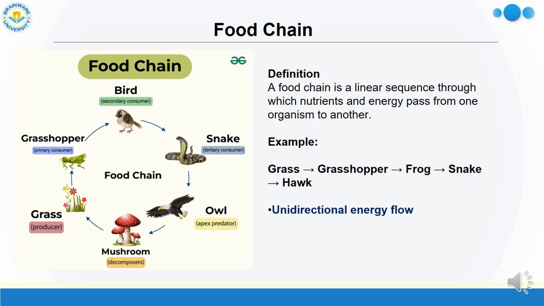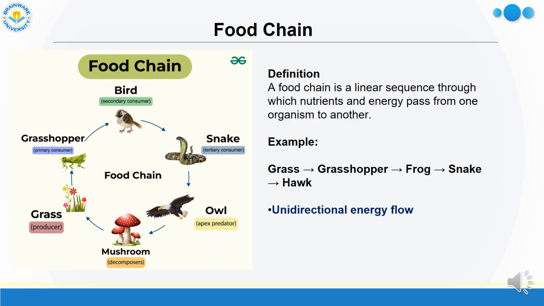So one living organism is dependent on other organism. Grasshopper is dependent on grass, frog is dependent on grasshopper, and this is a linear sequence that is known as food chain.